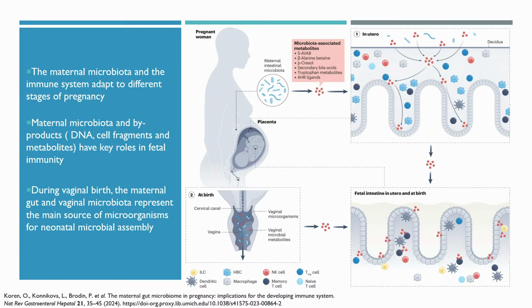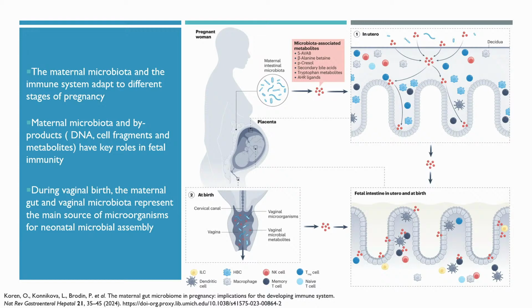Those metabolites can be fatty acids that are really important. They have positive effects. They reduce inflammation and things like that. There's a list of them here. That doesn't matter too much for you to know at this point, but there are placental metabolites that get transferred to the baby as well.